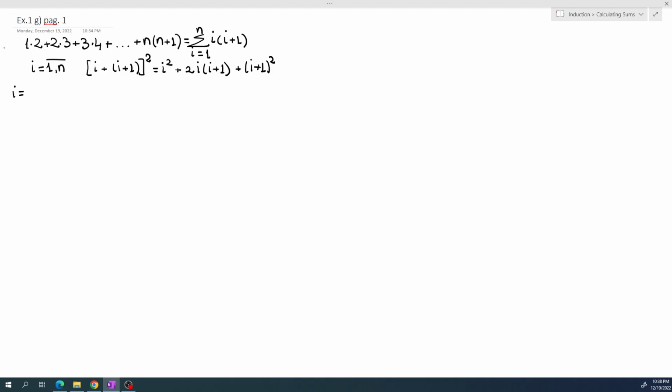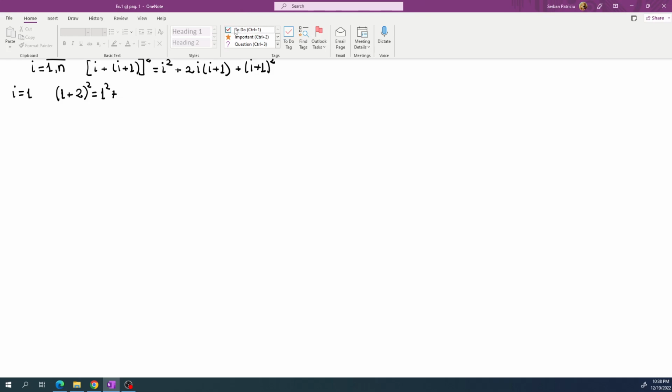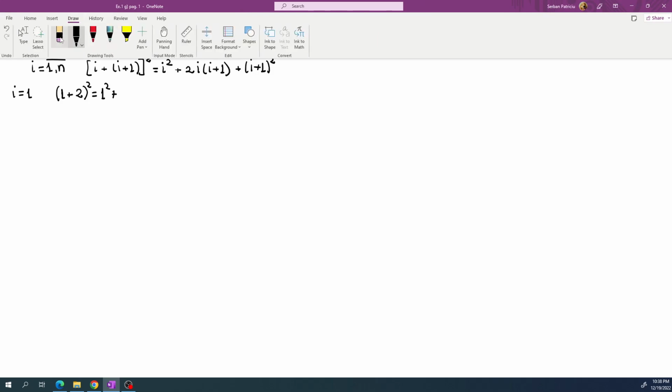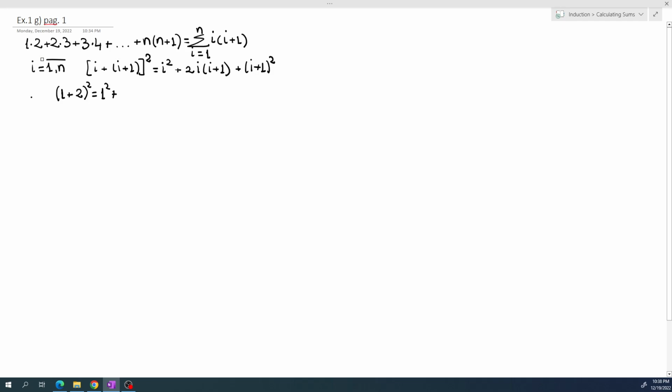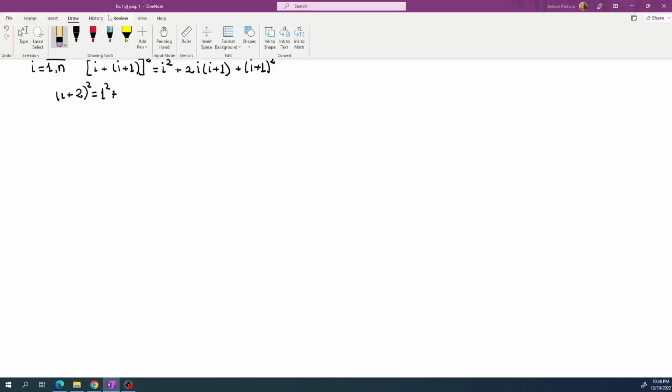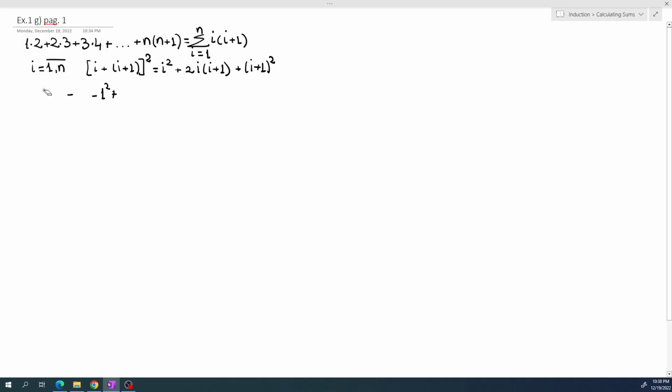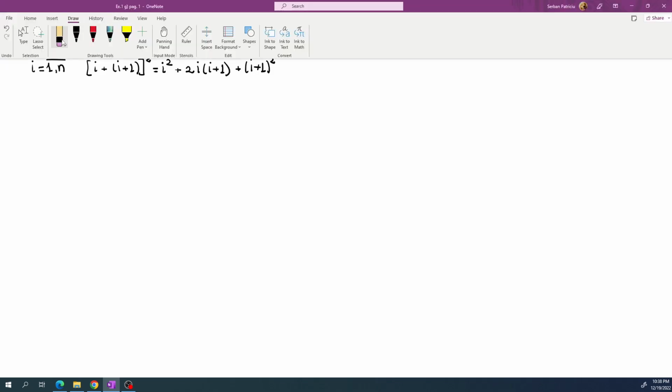For i equal 1, we have 1 plus 2 squared. Actually, I think it is better if I draw it a little bit down, because the calculation mode will be clear.